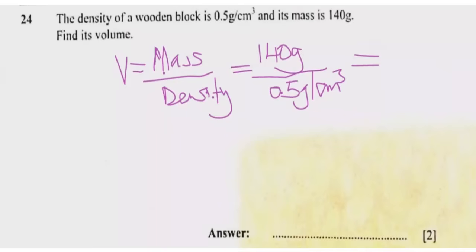Basically, what you can do is make the denominator 5 a whole number on a separate sheet, and then you make 140 grams to be 1400 grams. So we make it 1400, then we divide it by 5. That means we have multiplied the numerator by 10 and the denominator by 10 to make it a whole number.